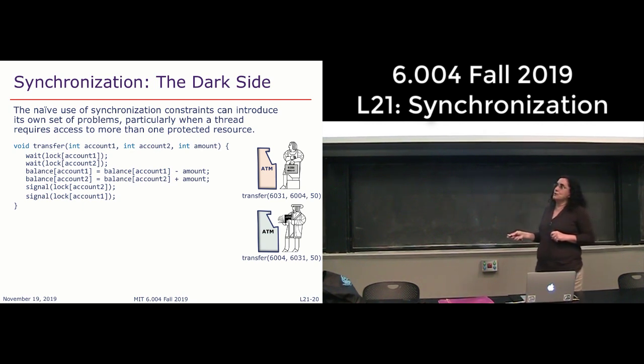So what do I have to do? Well, in this case, I'm dealing with 2 bank accounts, so I have to actually grab 2 locks. I'll wait for the lock for account 1, then I'll wait for the lock for account 2, then I'll do this critical section, and then I'll signal them so that the next person can do the same thing. Does anybody see any problem with this?